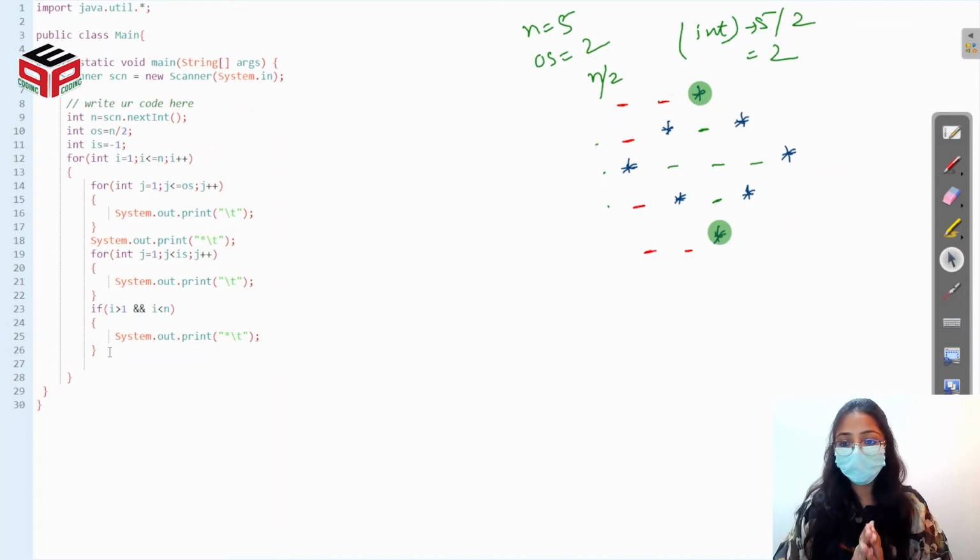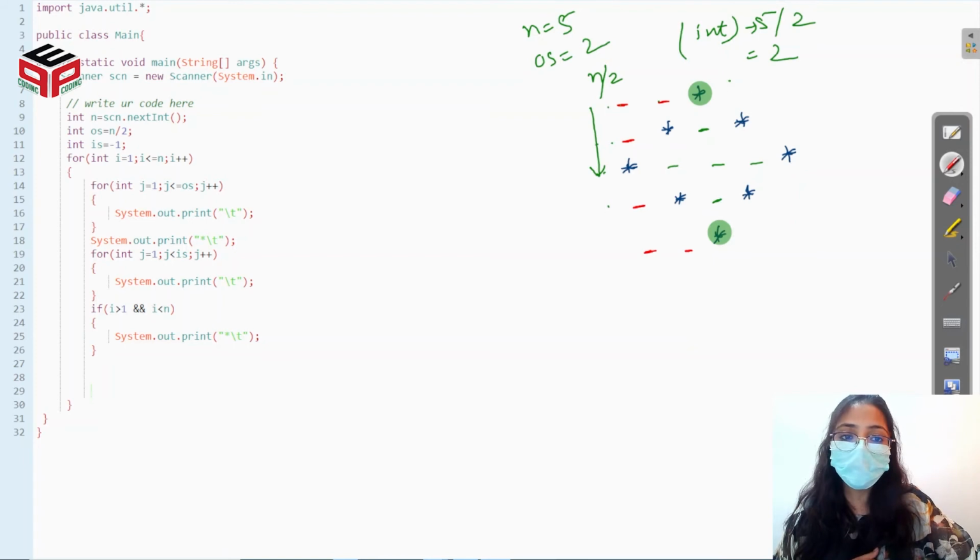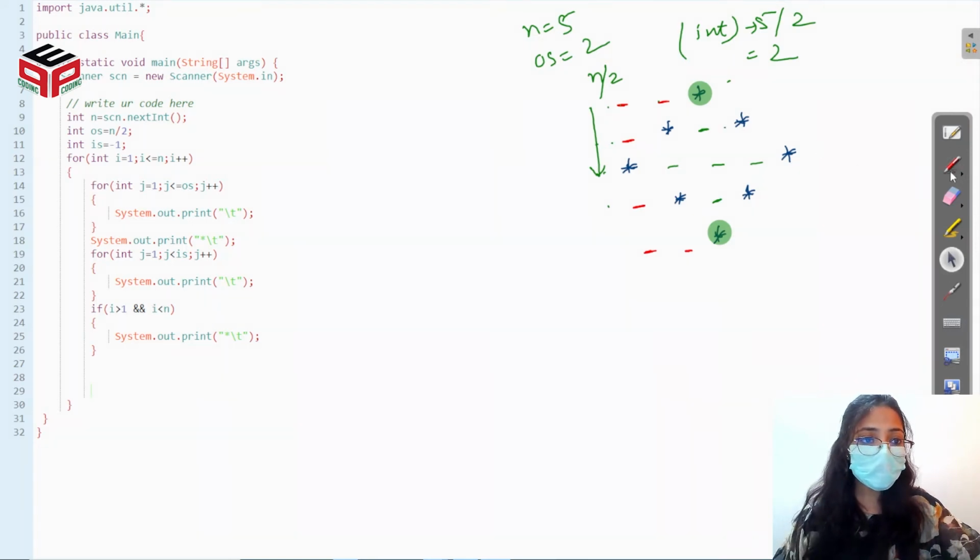Okay. Now we need to change the values of the outer spaces and the inner spaces, right? So we have to move till the middle row, and while we are moving till the middle row, outer spaces are decreasing by 1 and inner spaces are increasing by 2. And what will be the value of the middle row?